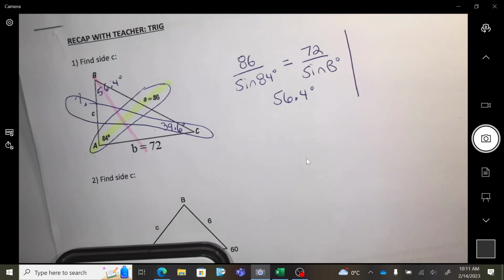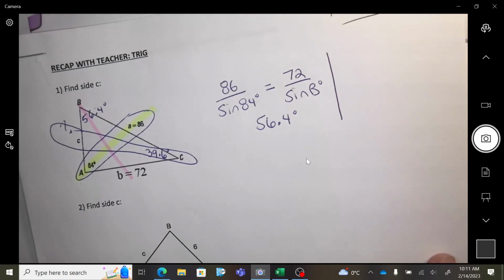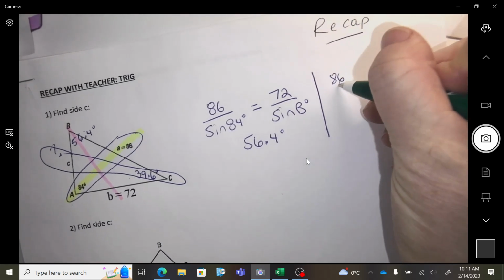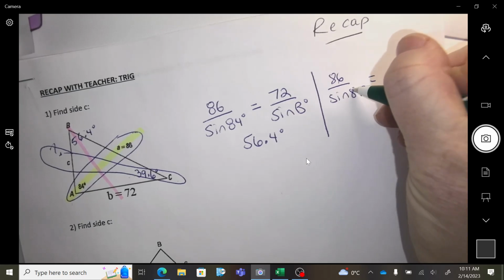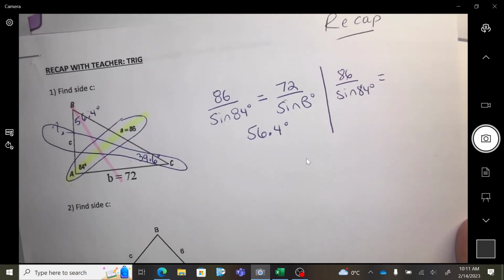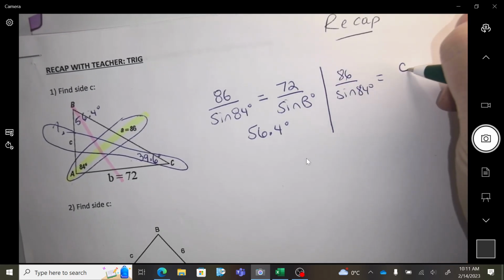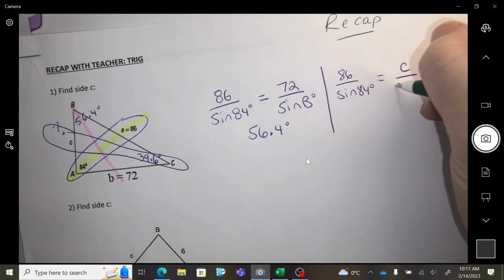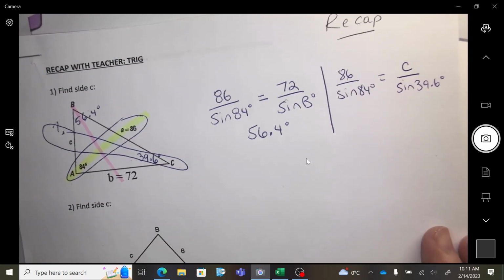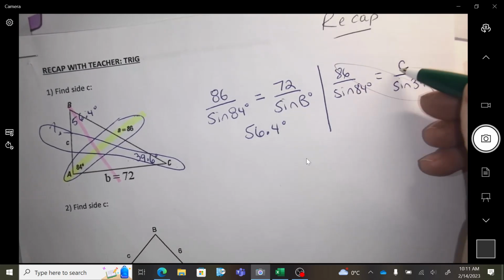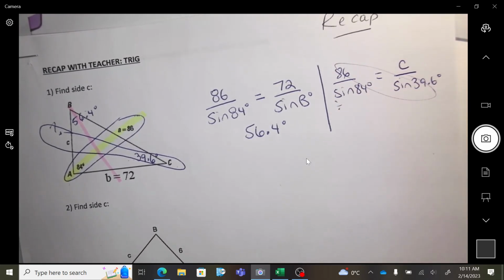Okay, remember this question? I said there's a 100% chance it'll be on the test. So I'm going to go with the 86 over sine 84 degrees again. This time I'm going to pair it with the C partnership. Times divide. No inverse.